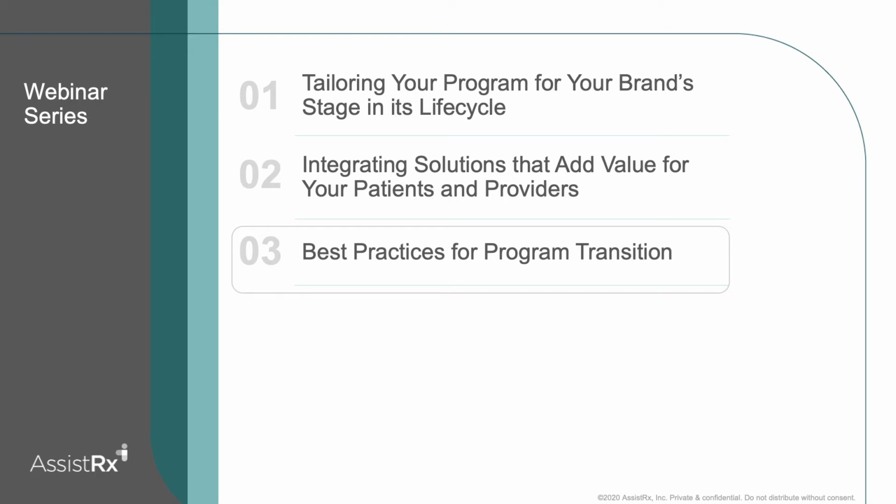In today's webinar, we are going to expand upon how to evaluate your program service design, factors to consider if your patient solutions provider isn't meeting program SLAs, activity points, and best practices for a successful program transition.